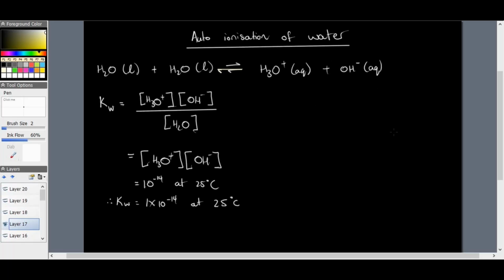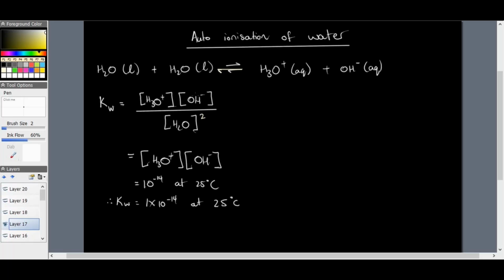You'll notice also on the screen the equilibrium constant, otherwise known as the ionization constant for water, is given as Kw. W for water. Basically, we are taking, oh, I'm missing out something, sorry. It needs to be squared there because there are two waters.